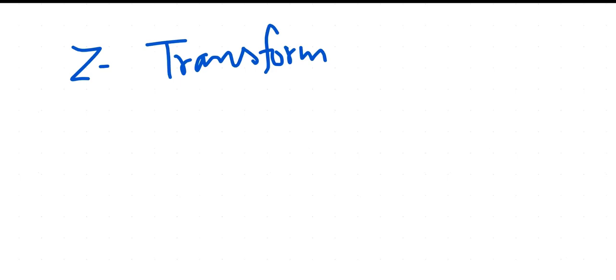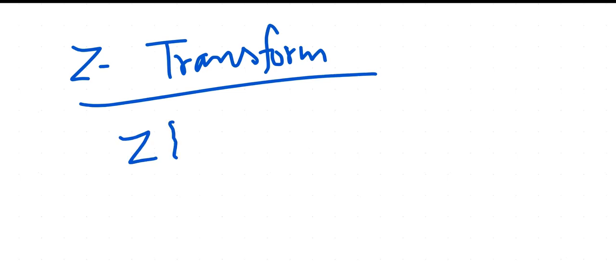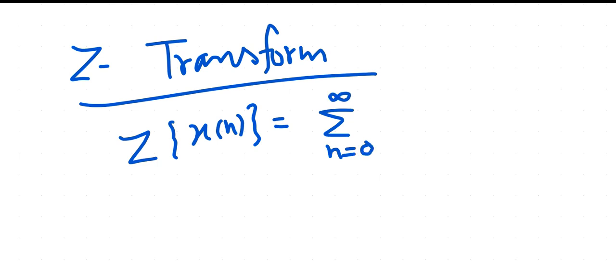This is the basic formula. We use this symbol, and if we need to find the transform for x(n) of the sequence, then we'll take the summation from n equals 0 to infinity of x(n), and they'll give you that sequence, x(n) times z to the power minus n.